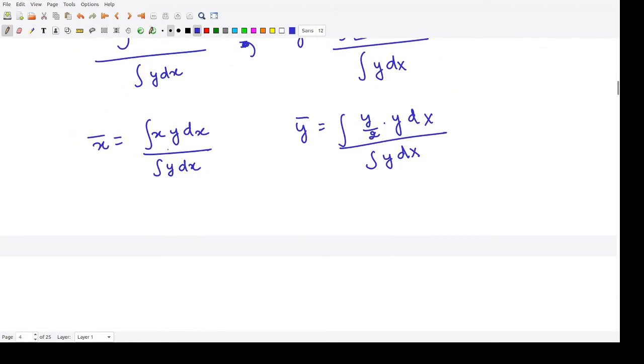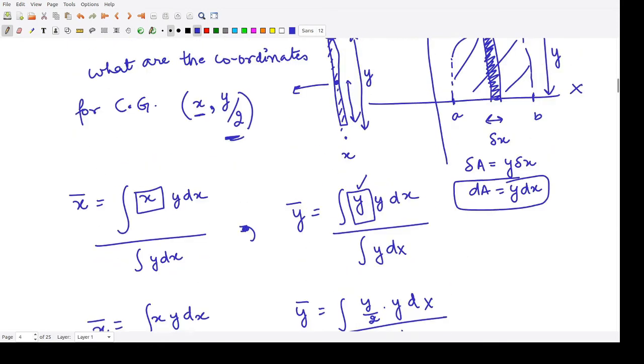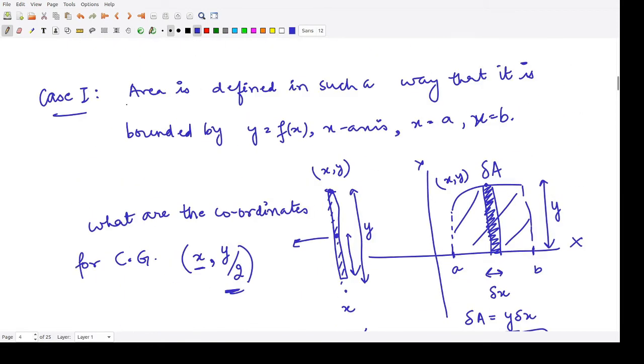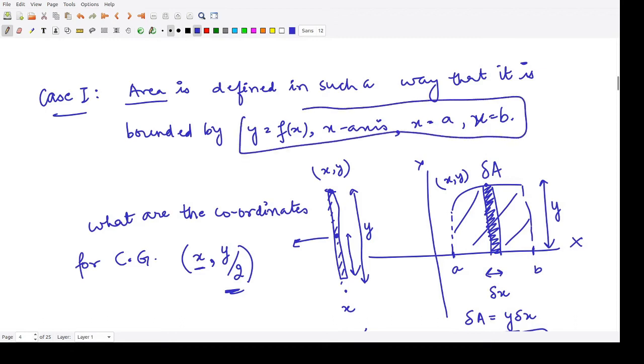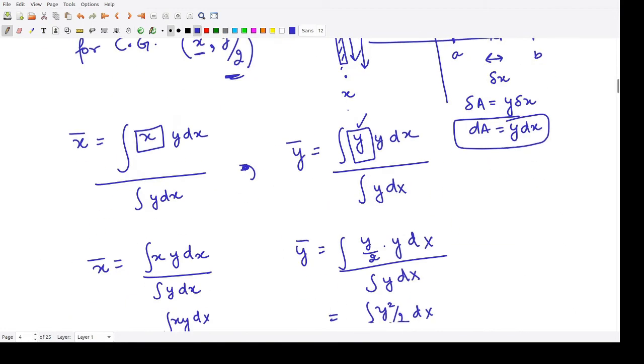So what we got from here is integration of xy dx divided by integration of y dx, and integration of y square by 2 dx divided by integration of y dx. This is what we got whenever our area is bounded by the x-axis, the coordinates x is equal to a and b, and the curve y is equal to f of x.